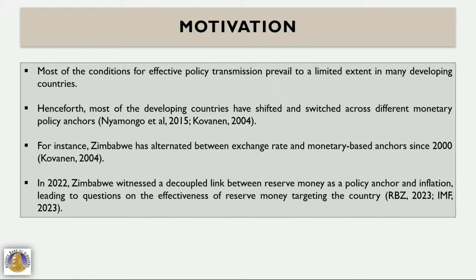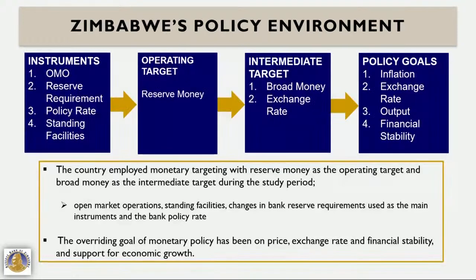Maybe before I lose some of the audience: reserve money is the total currency in circulation in the economy plus reserves of the commercial banks held at the central bank. The central bank has a mandate and direct control of reserve money.